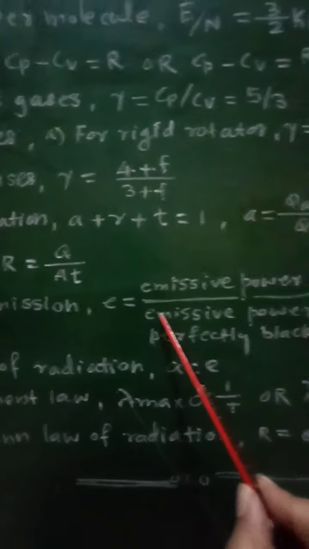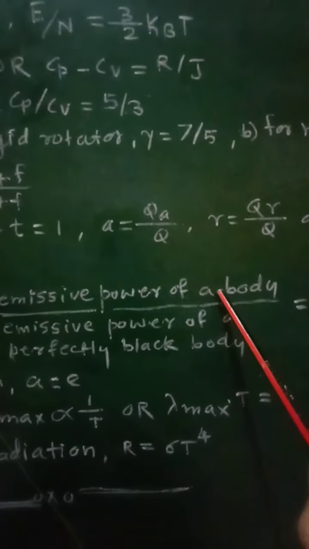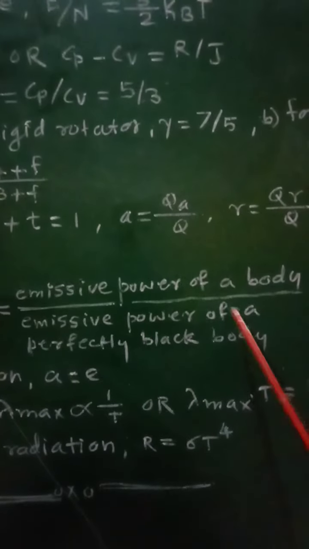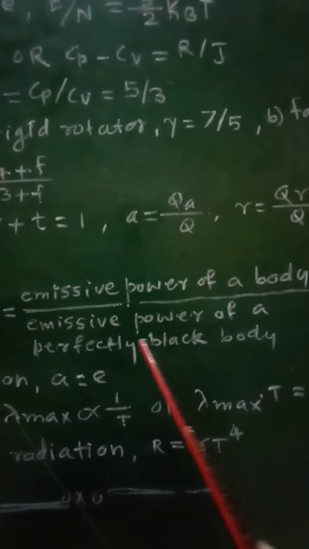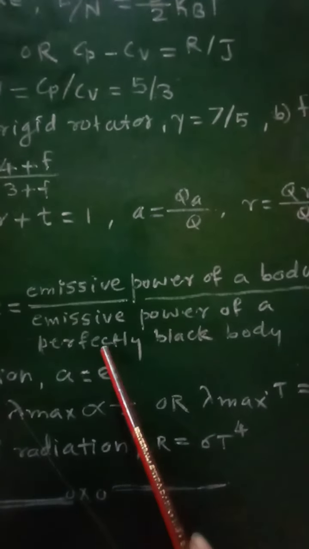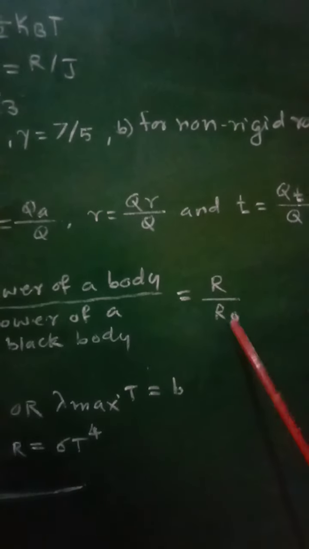E is the ratio of emissive power of a body to the emissive power of a perfectly black body, that is equal to R by R0.